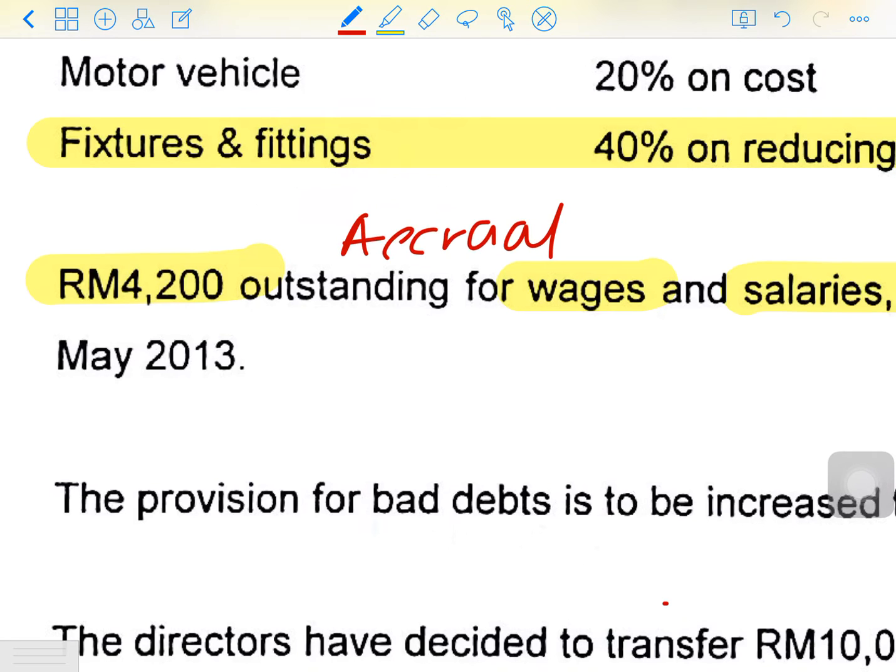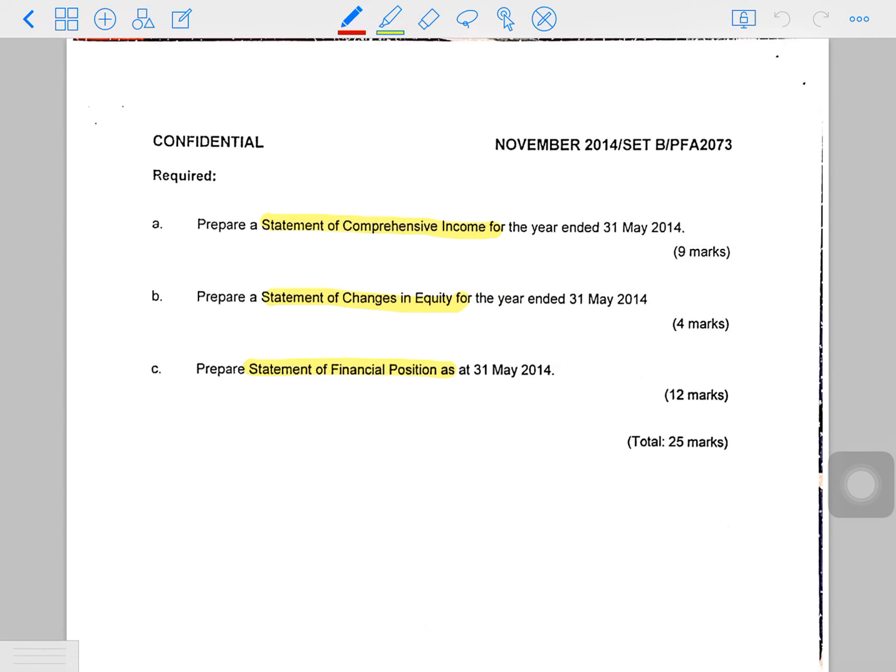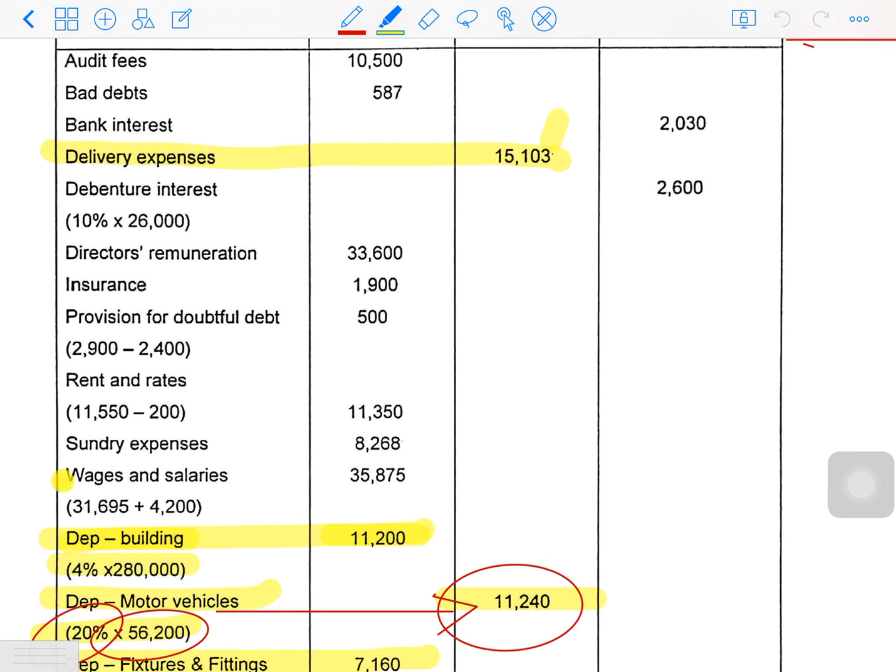If you look at wages and salaries, where should we categorize it? Admin expense, wages and salaries. So we have wages and salaries under admin expense. This is the product of the original amount in your trial balance.